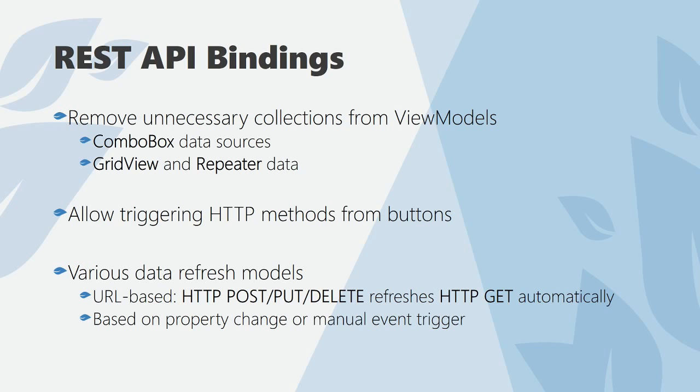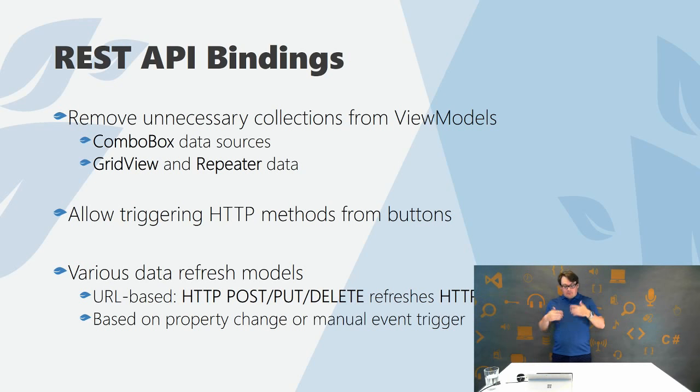So, for example, if you have an application with 100 pages, and on every page there is a combo box with a list of countries, because it will go to the same URL and it's a plain HTTP GET request which returns some JSON, this can be easily cached, so it can also cause less load on the server.